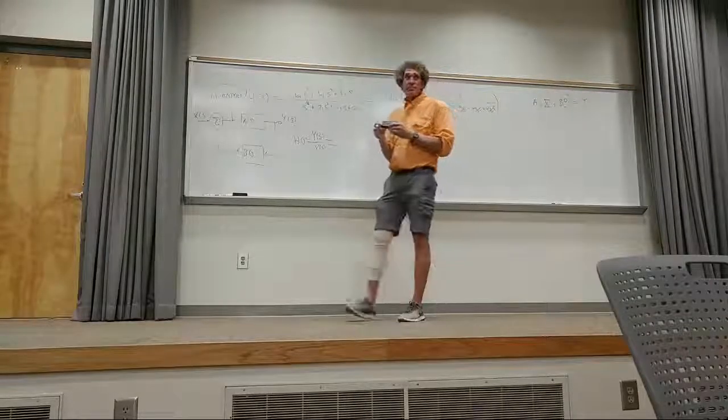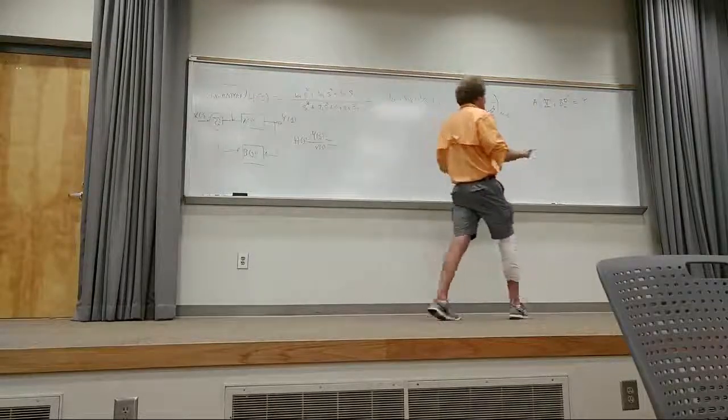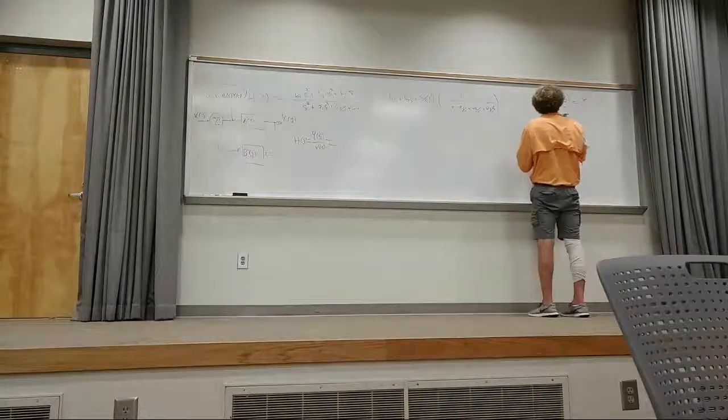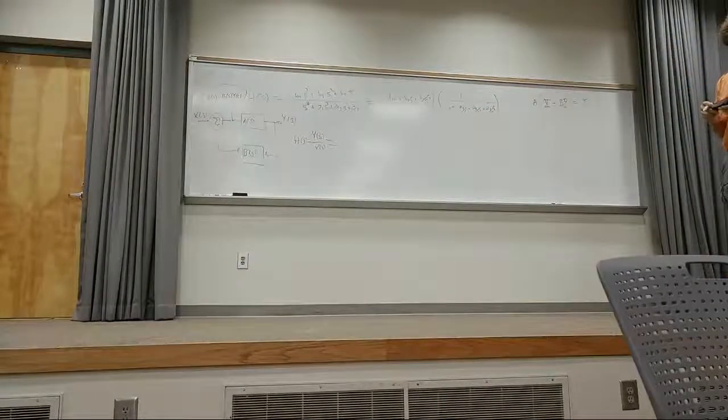Would it be minus B Y? You're right. That's a minus. I apologize. Thank you. Take a look. Y'all agree with that? Make sure you do. Does everybody see it?